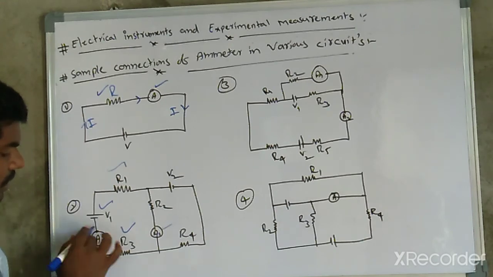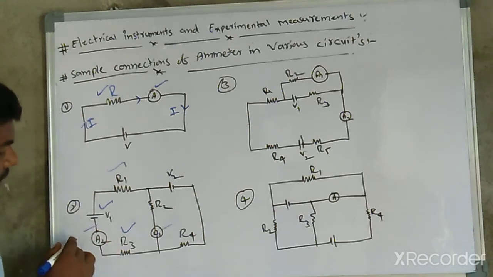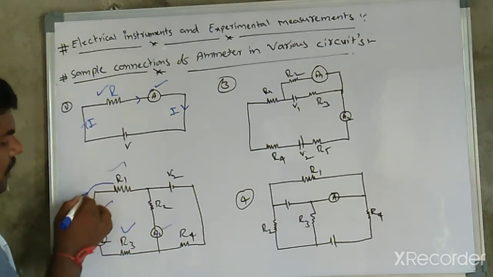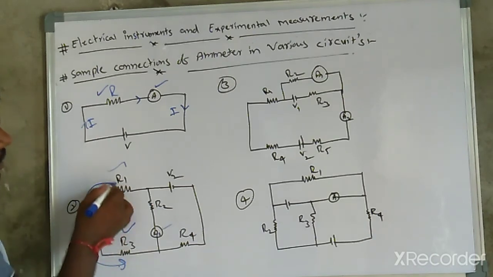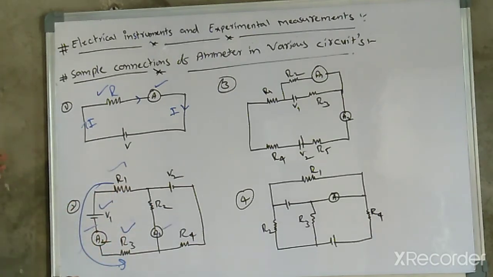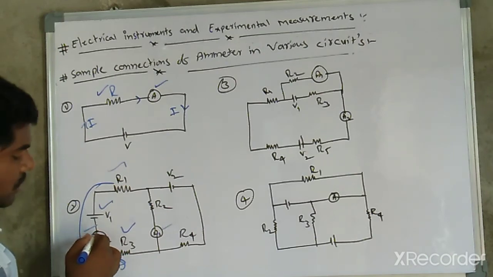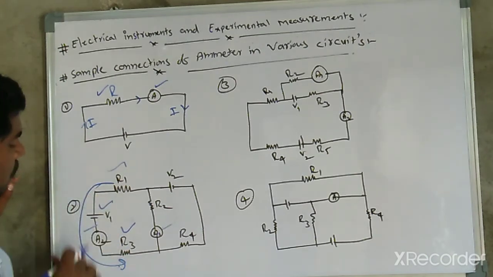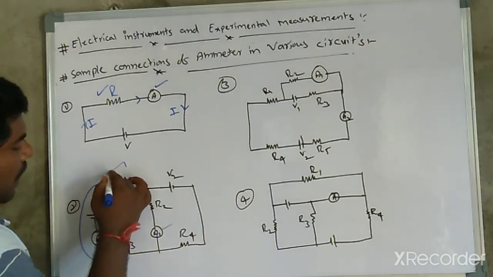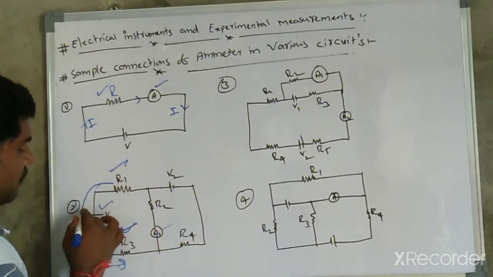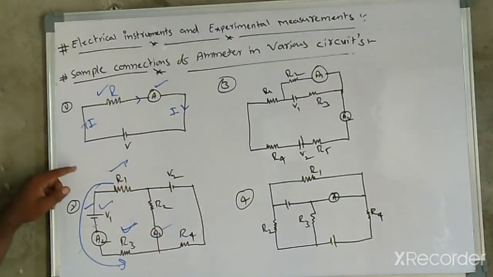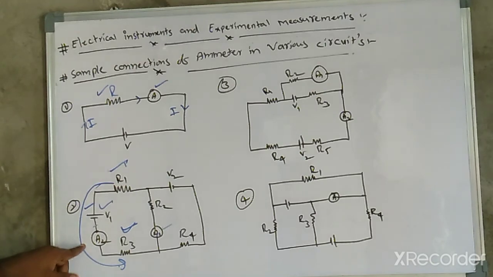So the ammeter A1 reading equals the R2 resistor current. Similarly, R1, this battery and R3 are connected in series combination only. The current direction is like this. You may apply the KCL or KVL rule to find how much current is passing through the ammeter, which is the R1, R3 and battery current also. This reading tells that.